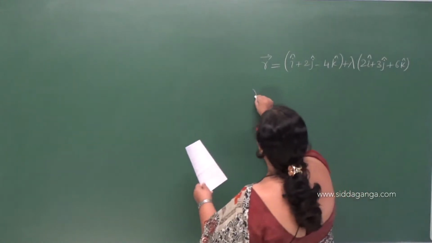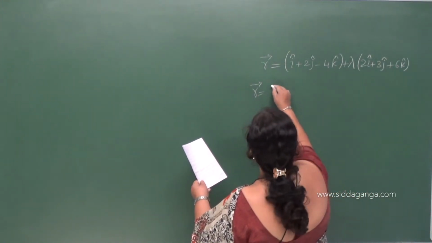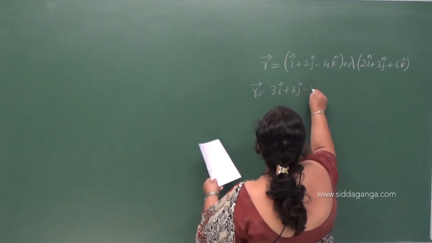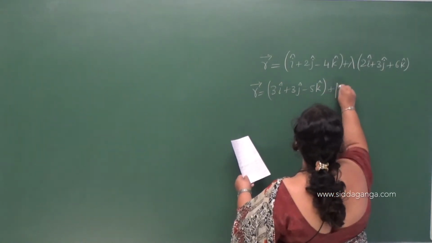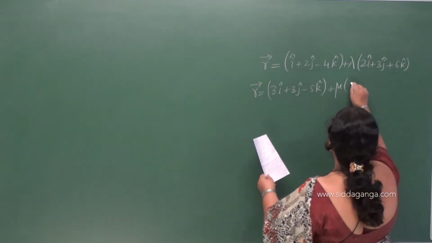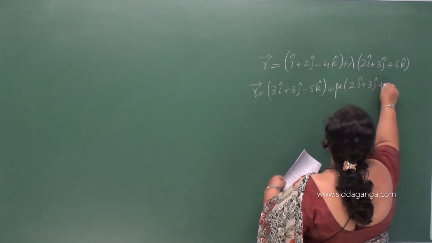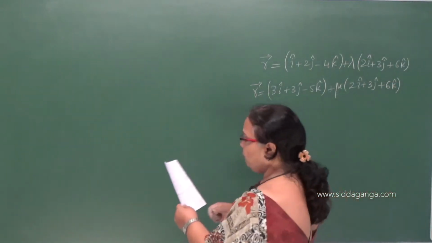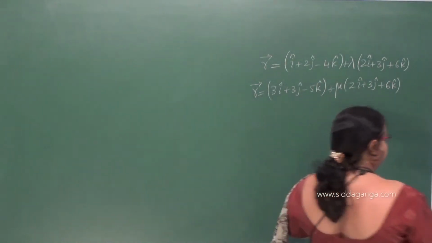And the second line is vector r equal to 3i plus 3j minus 5k cap plus mu into 2i plus 3j plus 6k. We have to find the shortest distance between the lines.